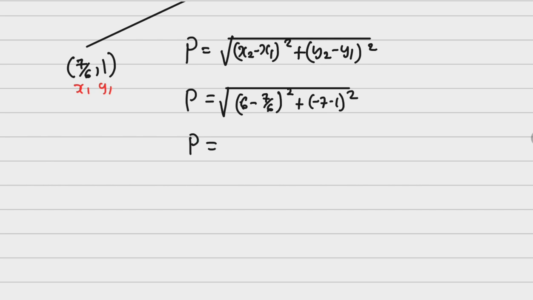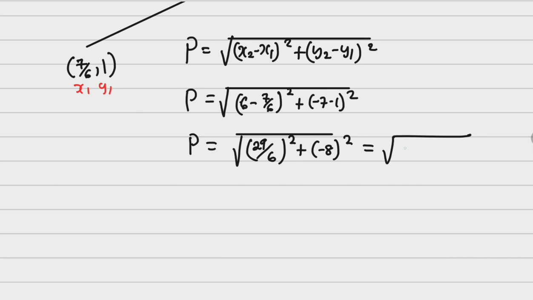p will now be equal to root of 29 over 6 when we do that. Now this is going to be all squared, don't forget, then plus this minus 8 all squared. Now this will be equal to 841 by 36, then plus 64.